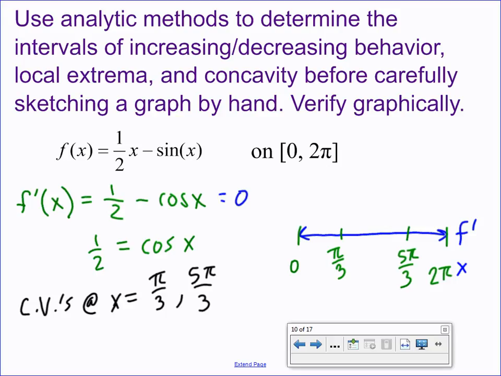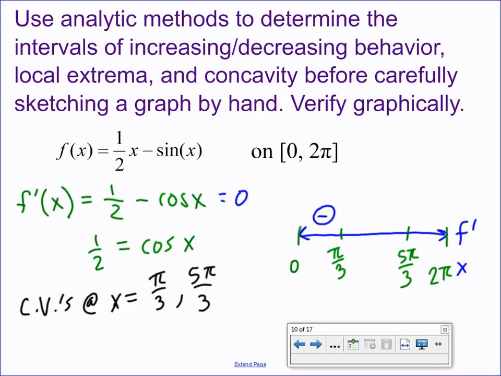F prime, cosine of pi over 6 is root 3 over 2, which is about 0.7, divided by 2. Back to pi over 4. Cosine of pi over 4, I know, is root 2 over 2, and that's 0.7, so that's easiest for me. So 0.5 minus 0.7 is negative. Very negative. That's what I want to do, just because I know root 2 over 2 is 0.7.